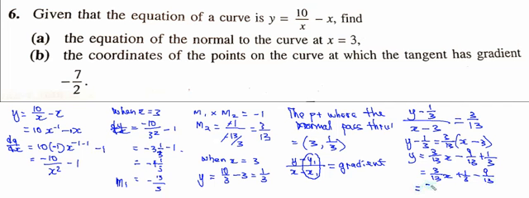Okay, so if you simplify that, it's 39, 3 times 13, 39. So this is 1 times 13 minus 9 times 3, over 13 times 3.